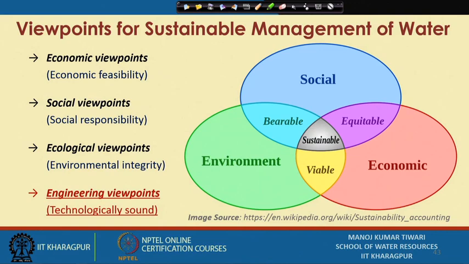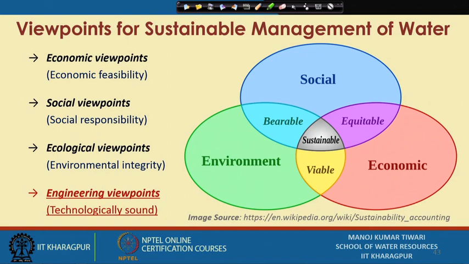Then there is an ecological viewpoint, or environmental viewpoint you can say, which talks about environmental integrity. So, how effective the system is in environmental maintenance. This has more to do with the quality, of course, the quantity also is an integrated part, but whether we are degrading the environment in terms of pollution, or in terms of quantity.